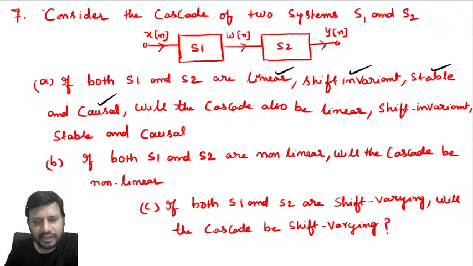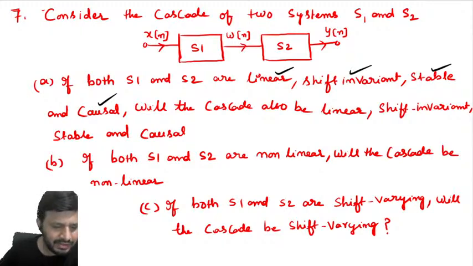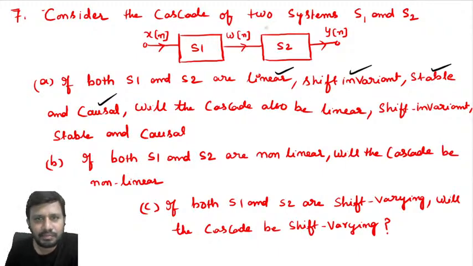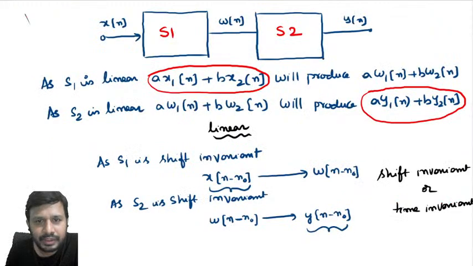If both S1 and S2 are non-linear, will the cascade be non-linear?